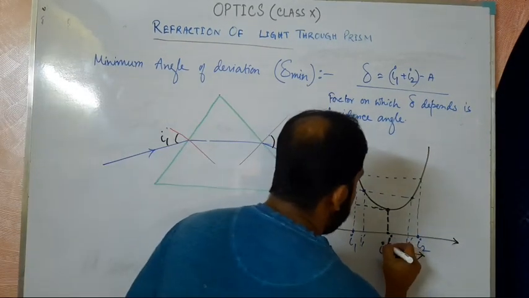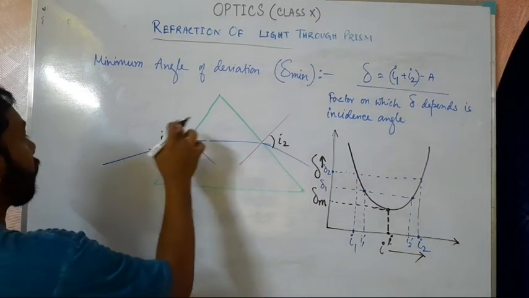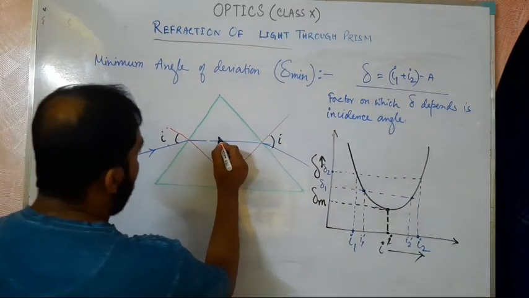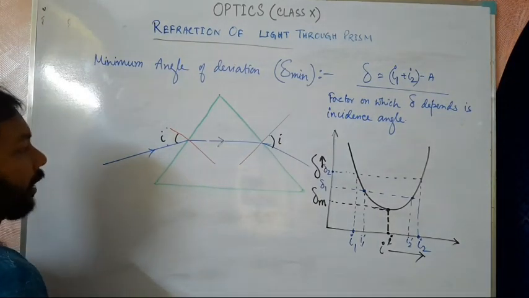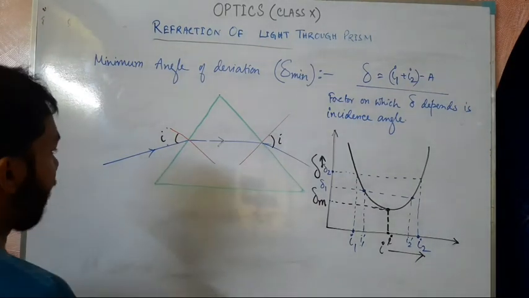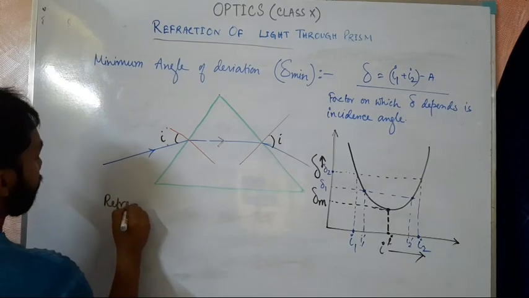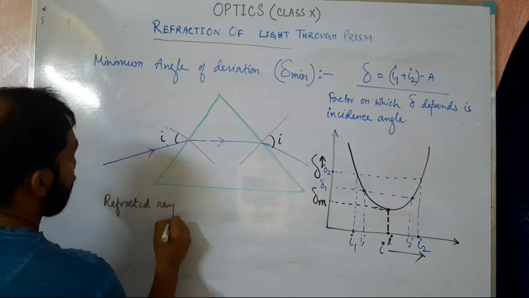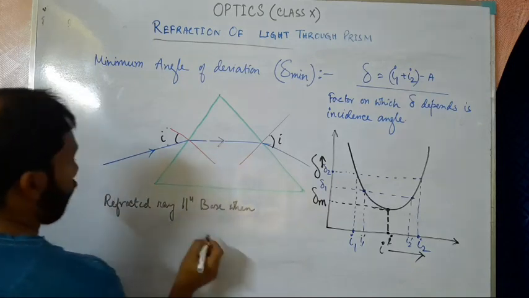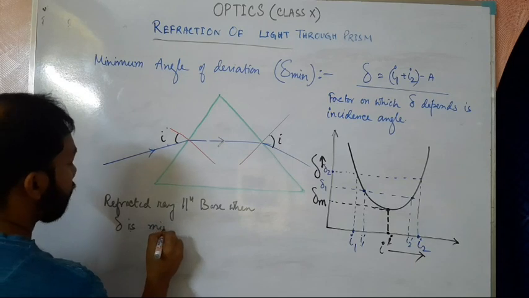Say this is I. So for minimum angle of deviation, these two angles will be the same. What does it imply? It implies the refracted ray becomes parallel to the base when delta is minimum.